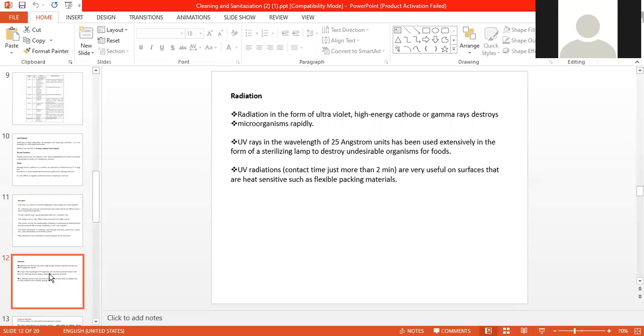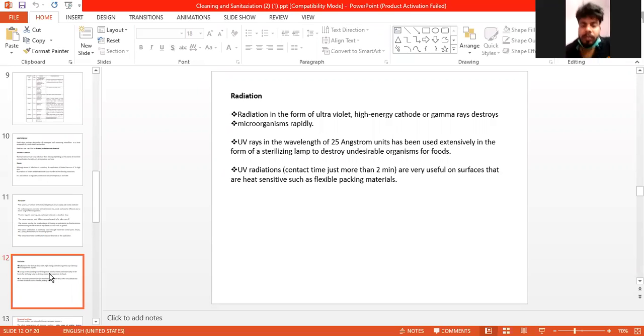We have also used radiation in the form of ultraviolet, high energy cathode rays, or gamma rays, which destroy microbes rapidly. Ultraviolet rays of 2500 angstrom units have been used extensively in the form of sterilizing lamps to destroy undesirable organisms in foods.